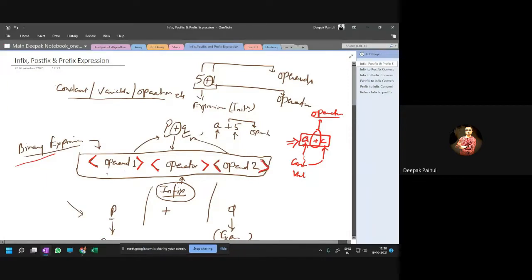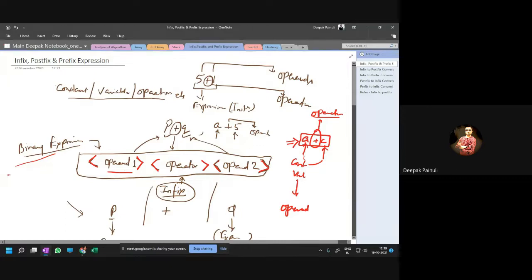First there will be operand 1, so these constants or variables are considered as operands. Everybody knows it or not? Operands. And this plus sign, which signifies the operation among operands, is called an operator.